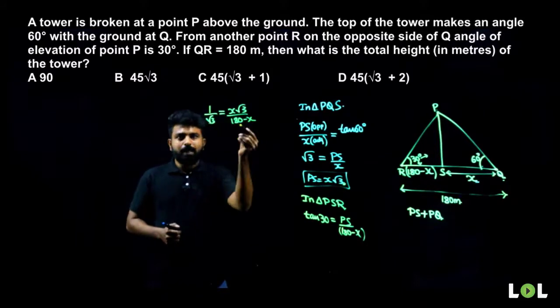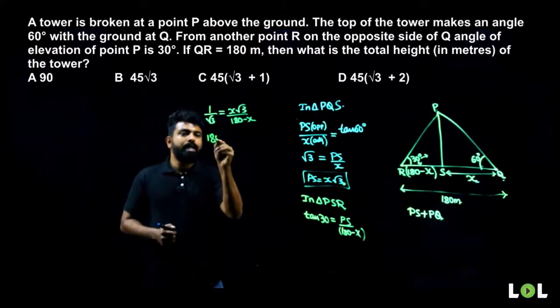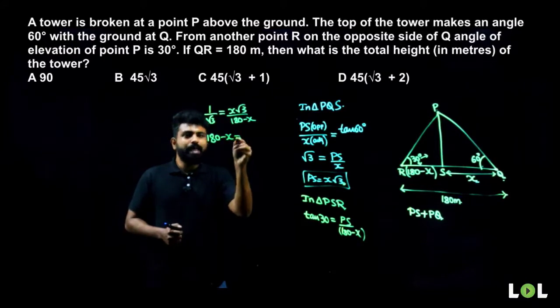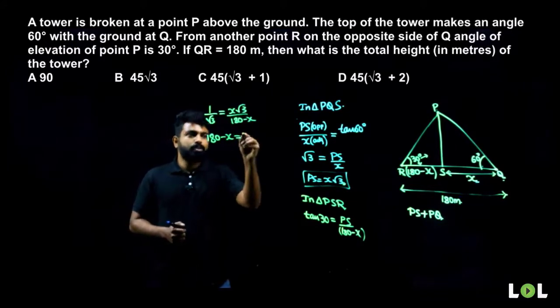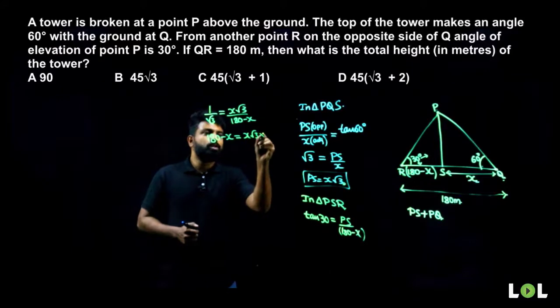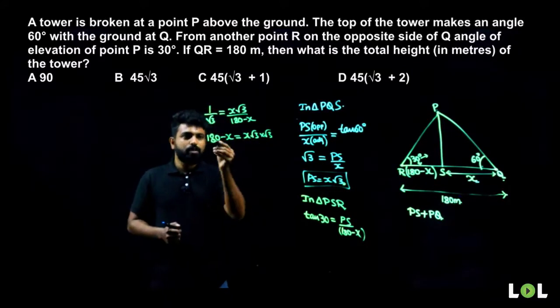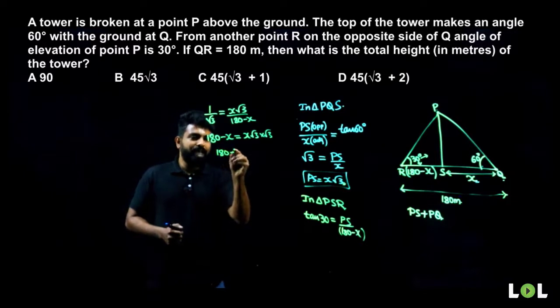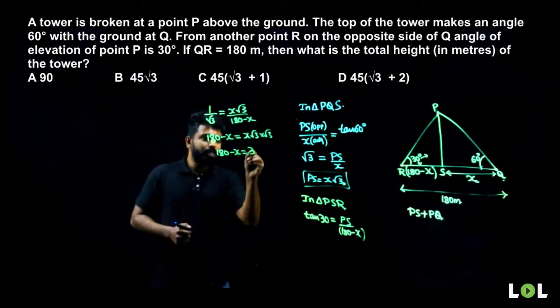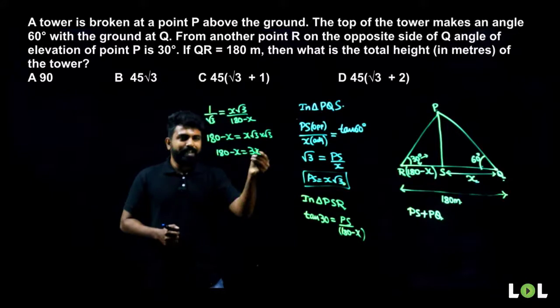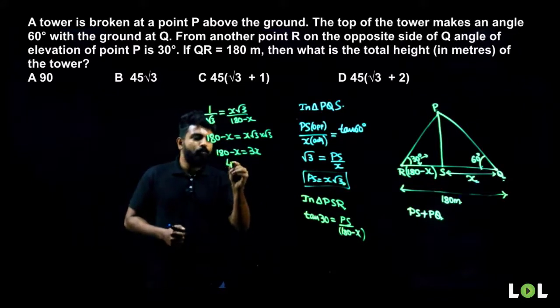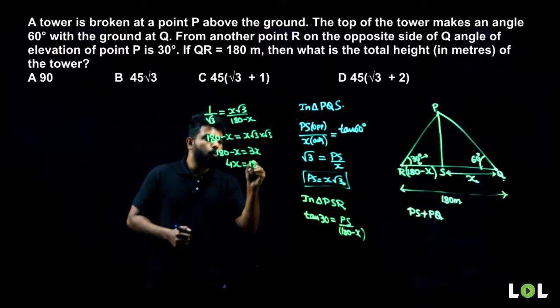If I cross multiply, what do I get? 180 minus X will be equal to X root 3 into root 3. What is root 3 into root 3? Root 3 into root 3 is 3. So 180 minus X will be equal to 3X. If I take this X to the other side, what do I get? 4X will be equal to 180.